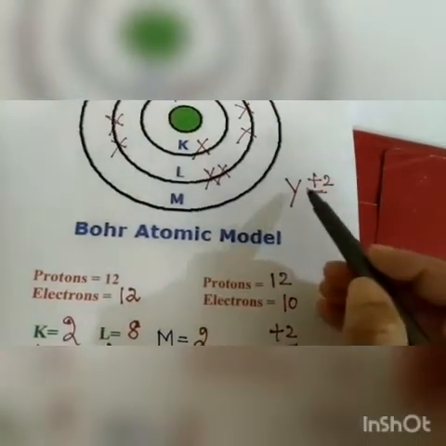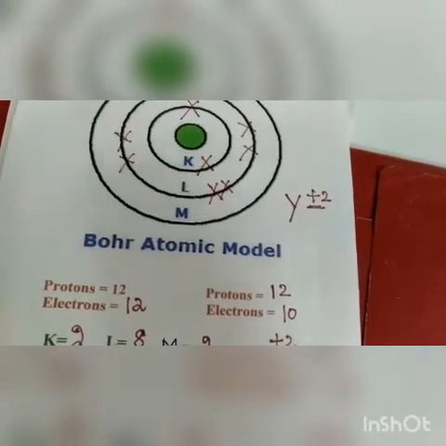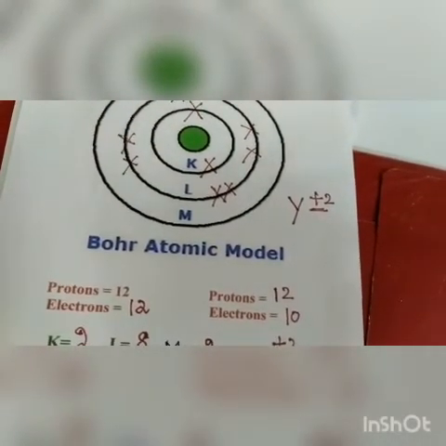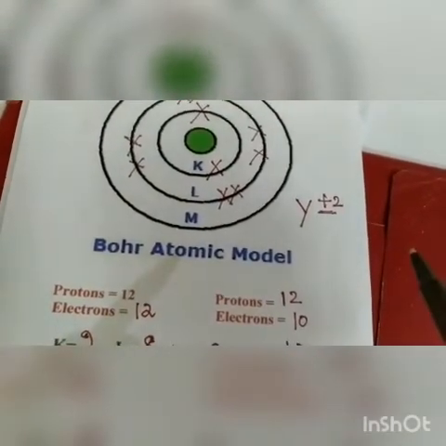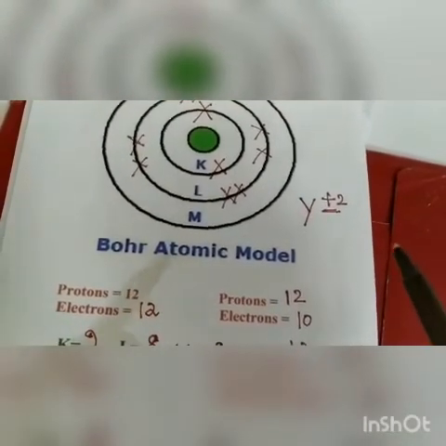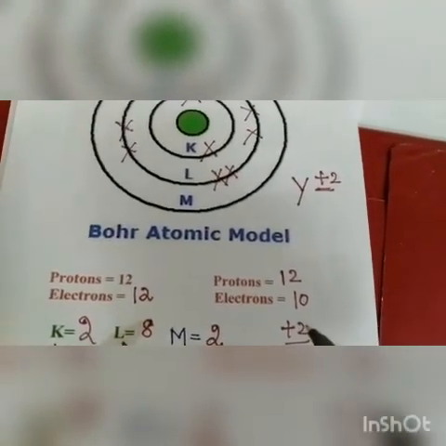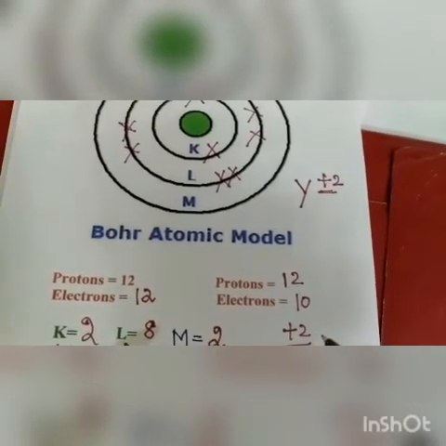And here the valency is plus 2, because I told you the number of electrons gained, lost or shared is the valency. So here how many electrons are lost? 2 electrons are lost. So the valency is plus 2, because now there are extra 2 protons, or extra 2 positive charge.